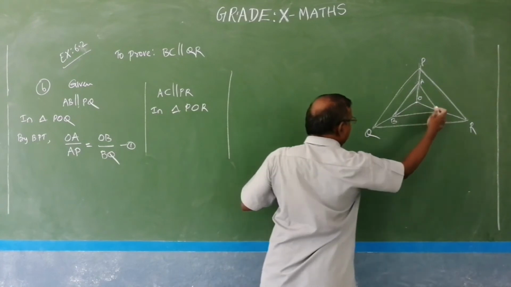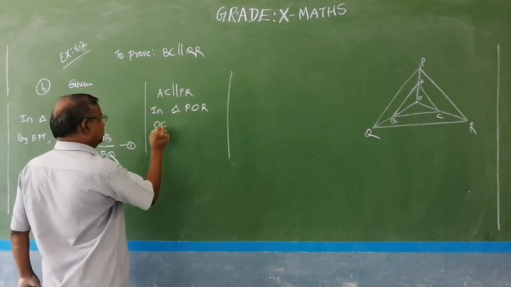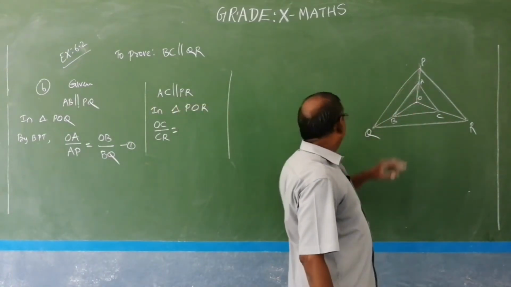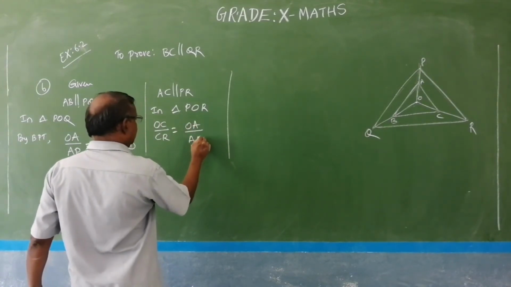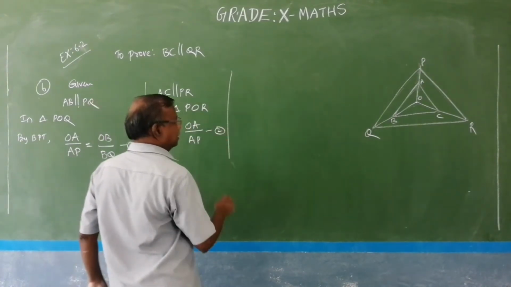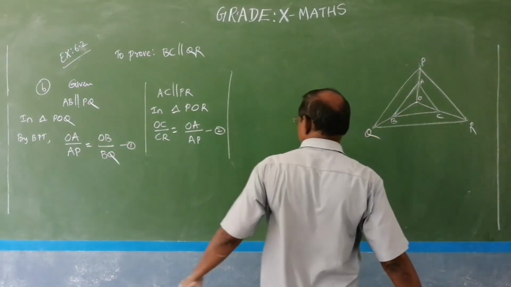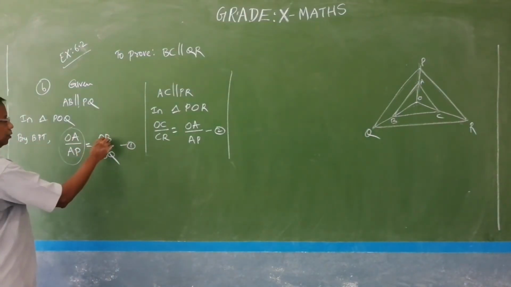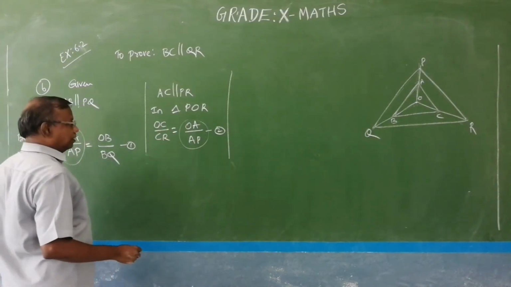So OC by CR equal to OA by AP. Say this is 2. In this triangle OC by CR equal to OA by AP. Here OA by AP equal to OB by BQ, and here also OA by AP equal to OC by CR.